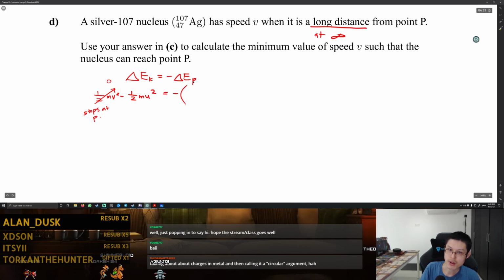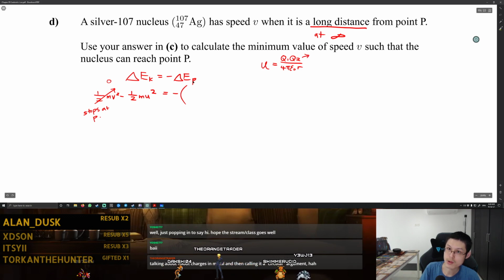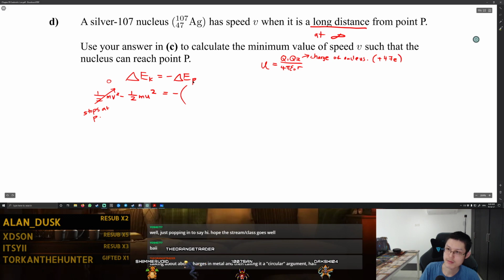And then for electric potential energy, you have to use this expression here. Q1 Q2 over 4 pi epsilon r. So one of the Q's here is going to refer to the charge of the nucleus, which is going to be positive 47 e. What about the other Q?